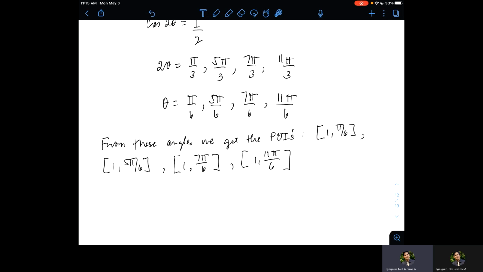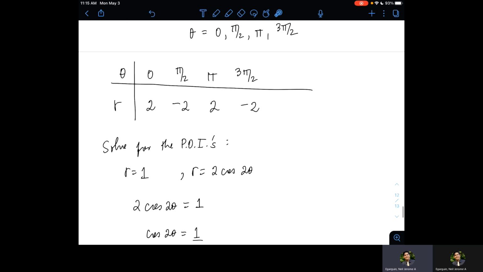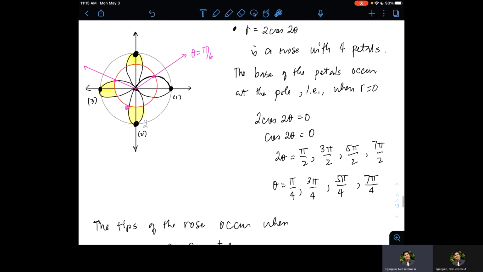And if we look at the graph, where do these points of intersection lie? First, 1 comma pi over 6. So we got that here. The next one is 1 comma 5 pi over 6.